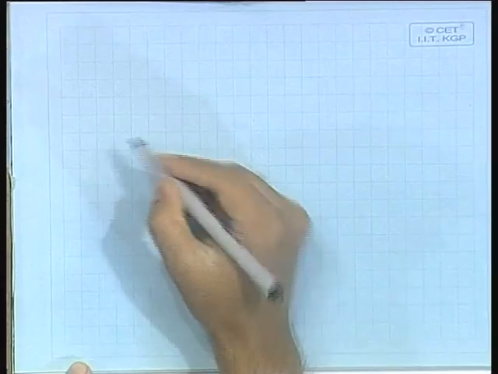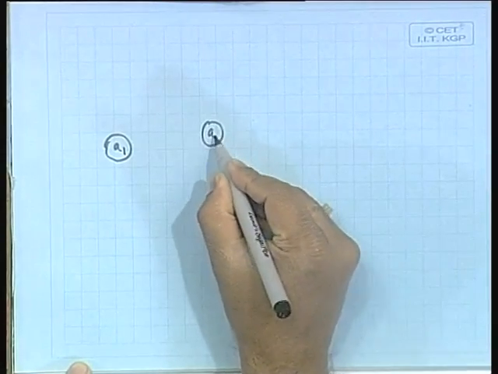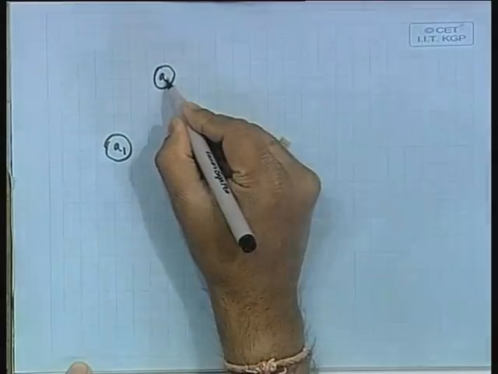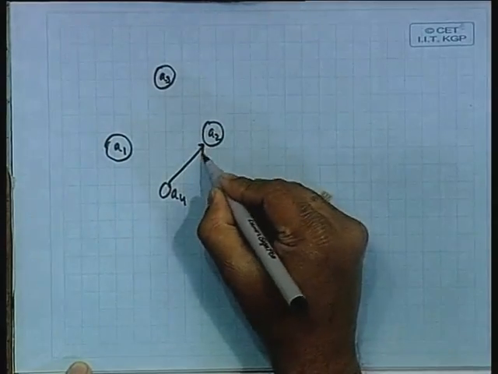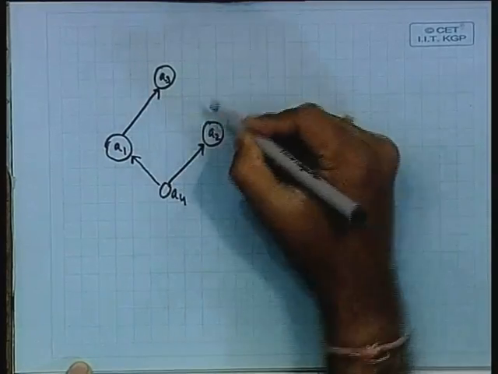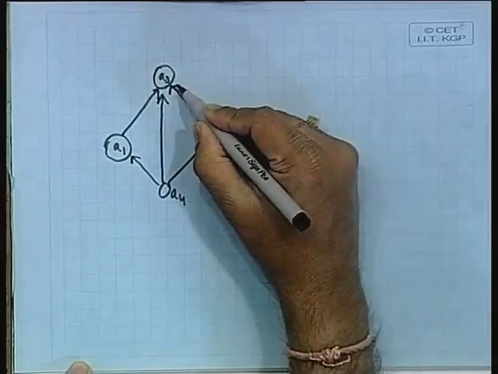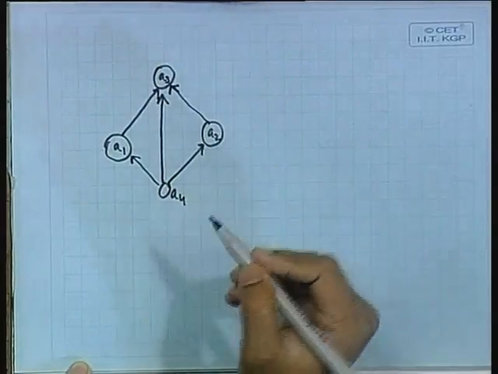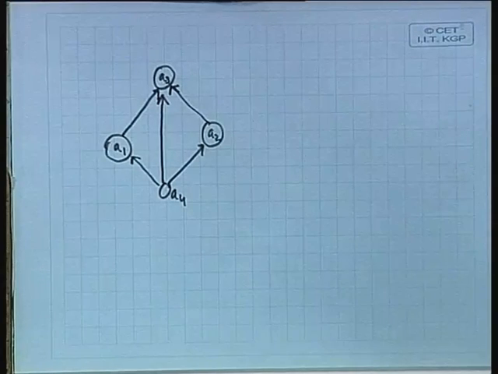You have nodes which are articles. Say A4 cites A1 and A2, and all of them cite A3. Suppose this is a very small citation network.